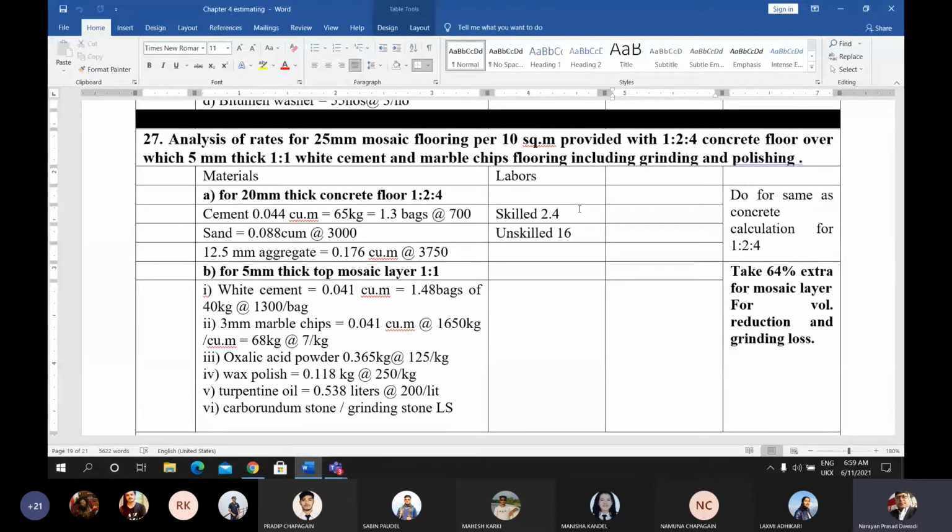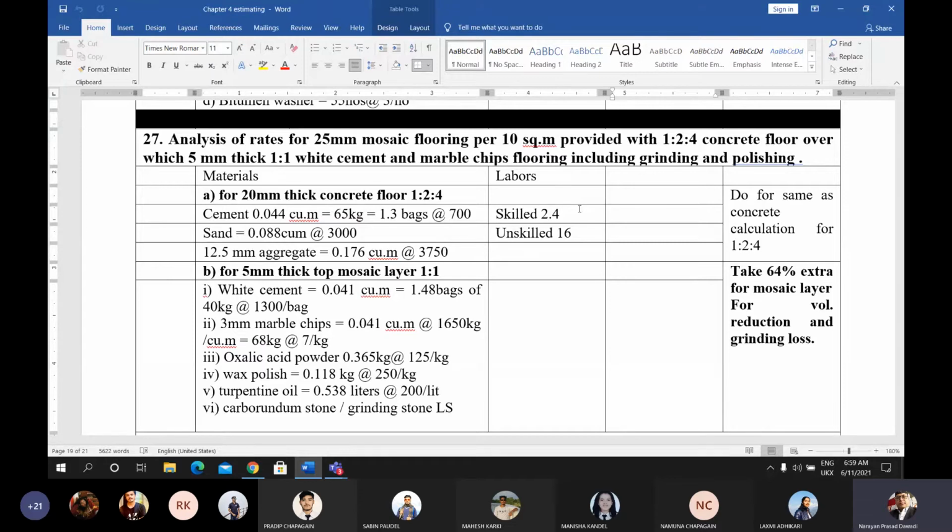If you multiply 10 into 0.02, you will get the volume of the 1:2:4 concrete, and provide 54% extra, and divided by the proportion, you will get the cement, sand, and aggregate in that similar way.